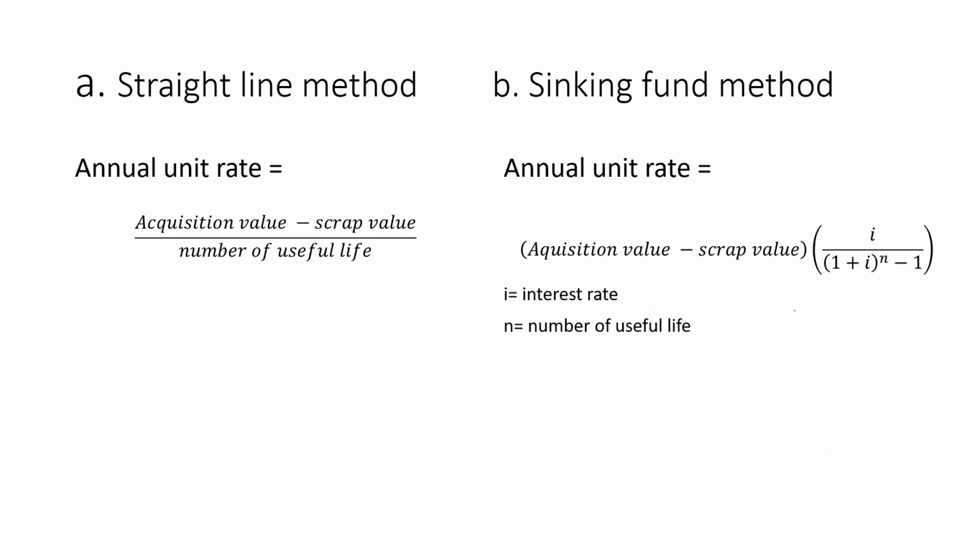So let's say, for instance, 5% interest, that will be 0.05 divided by 1 plus 0.05 into bracket raised by n. This n now is the number of useful life, and that's 5 years, minus 1. So with this, I'll be able to get the annual unit rate of depreciation. So with that, I can get any other depreciation value at any point. Okay, let's go on.